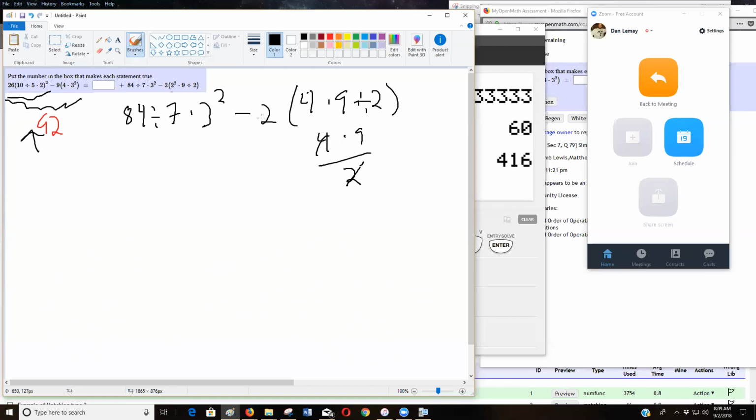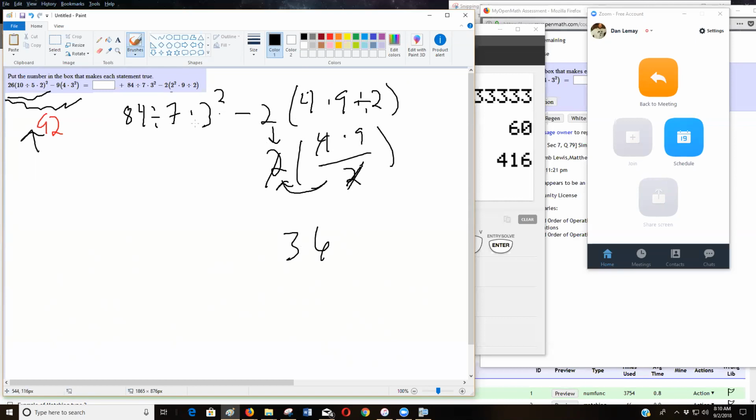Or we could even think about it as this whole mess being multiplied by that 2 here, and that 2 cancels out. So 4 times 9 is 36. That sounds like the plan to me. How you get there, it's okay, guys. If you don't quite understand this piece here, see me, get some help.